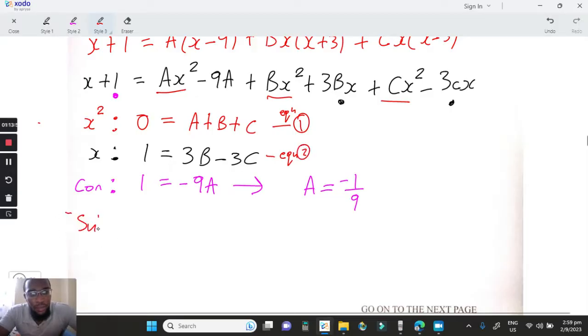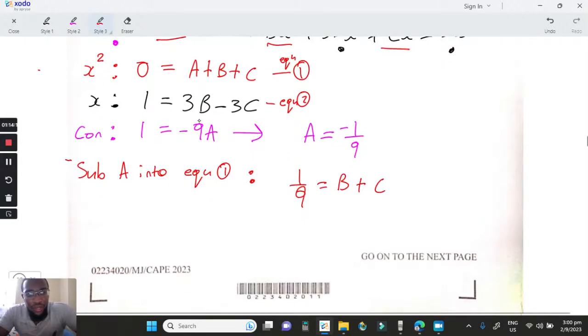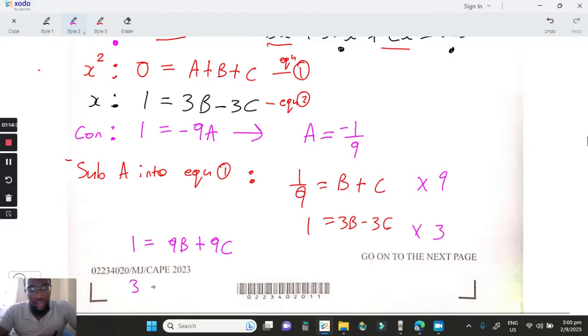So we can sub a into equation 1, and bringing it to the other side, we'll have 1 over 9 is equal to b plus c, and from equation 2 we have 1 is equal to 3b minus 3c. I don't like fractions, so I'm going to multiply this equation by 9. I have 1 equal 9b plus 9c, and if I multiply this equation by 3, I have 3 is equal to 9b minus 9c.